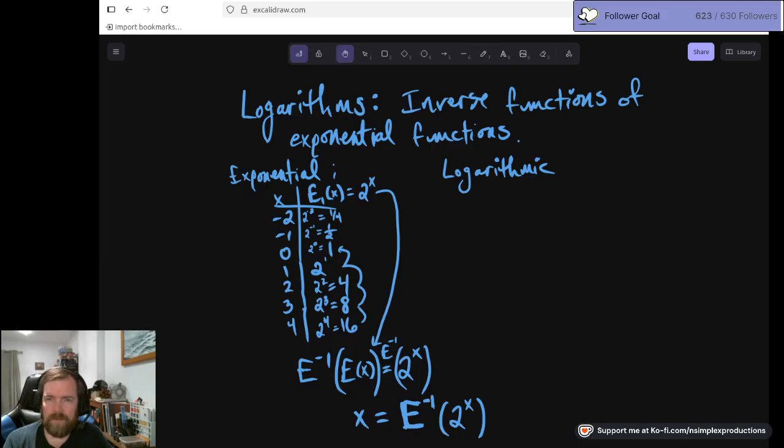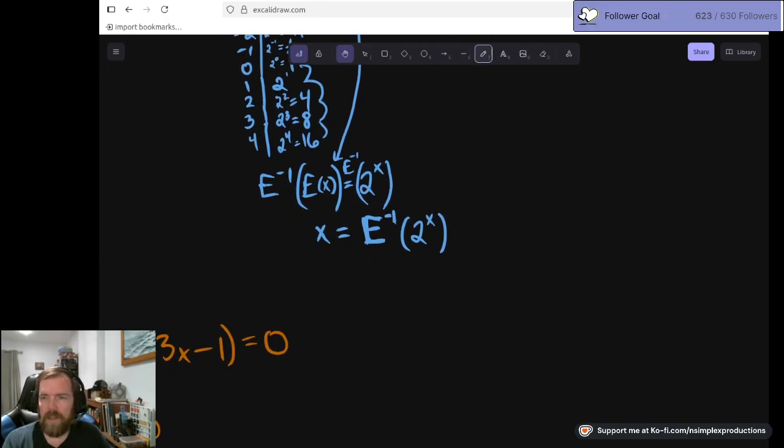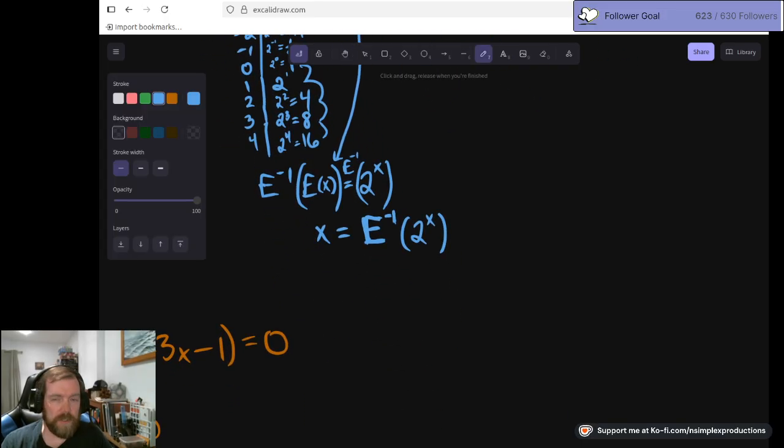Okay, so let's look at it. What the inverse function does is undo what is inside the parentheses, which was our exponential function. So we want to do the opposite of the exponential function. In the exponential function, we start with an exponent input, right?